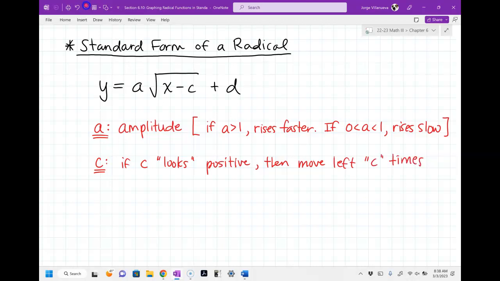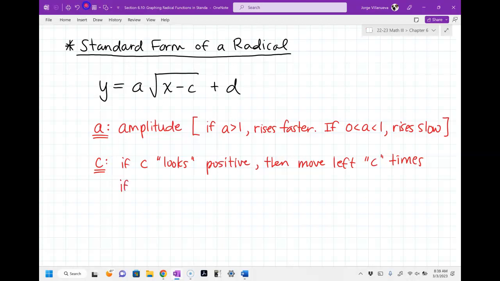So remember how I always say that, like the C value is always telling you the opposite of what it really wants to do, right? So if it was like a positive 5, you should be going left, not right, okay? Because you think plus, that means go to the right side. No, it's really go to the left. If C was like a -2, if it looked like a -2, you really go to the right, okay?